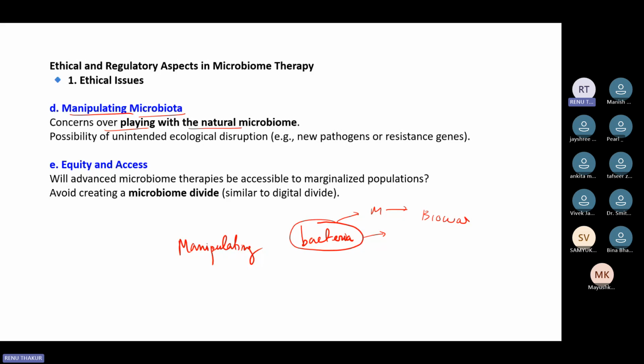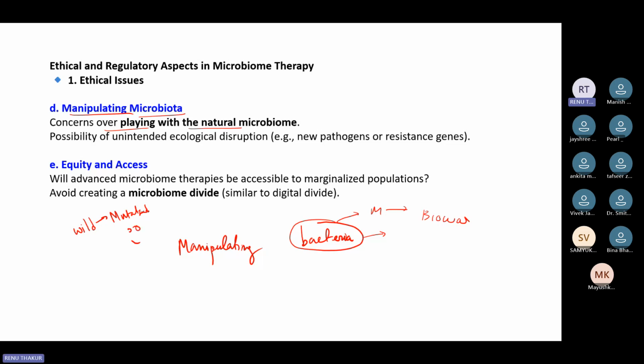So many concerns arise about whether the manipulation is fruitful or not, because it may lead to increased pathogenicity of that particular bacteria. Whenever you are converting any wild type to mutated type, you cannot say that this will always be good.